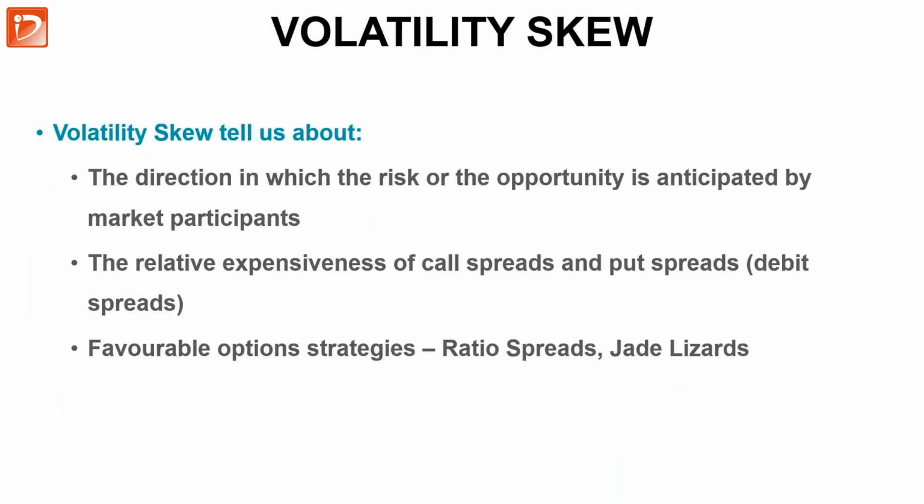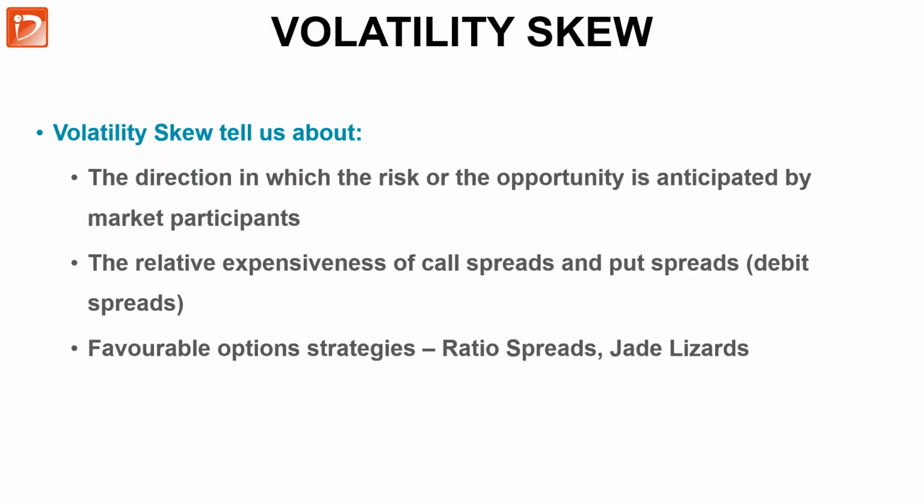So what does volatility skew tell us? It tells the direction in which the risk or the opportunity is anticipated by market participants. If there is a risk on the downside, you will see reverse skew, which means puts are more expensive than call options.